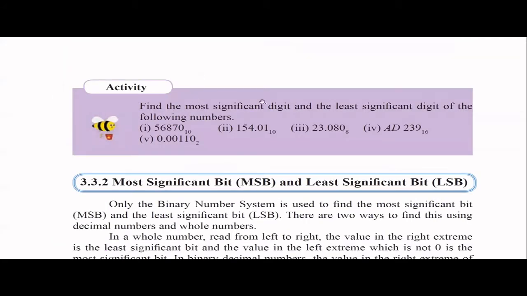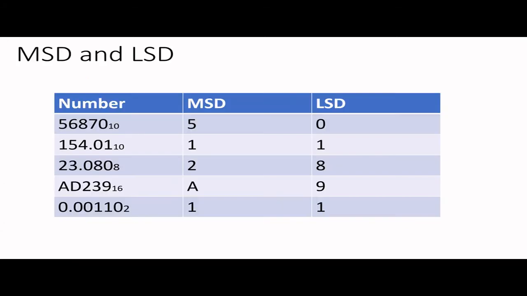So we'll find the most significant digit and the least significant digit of the following numbers. In the first one, it's a base 10 number, it belongs to the decimal number system, but this is a whole number. In a whole number, having a 0 in the rightmost is significant, because if you forget this 0, the value is going to change.